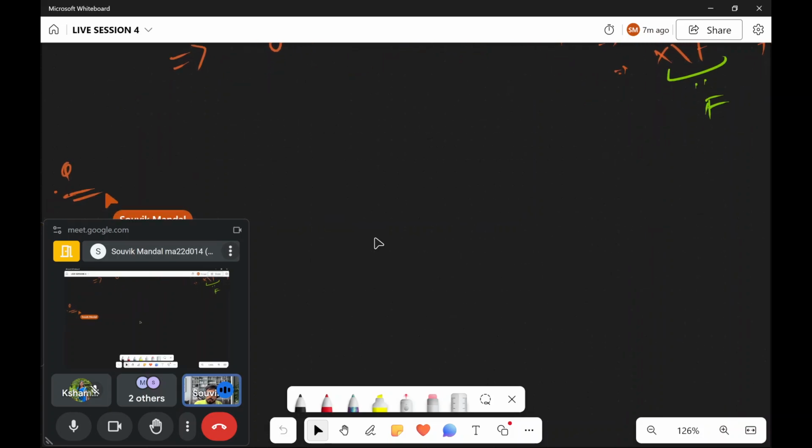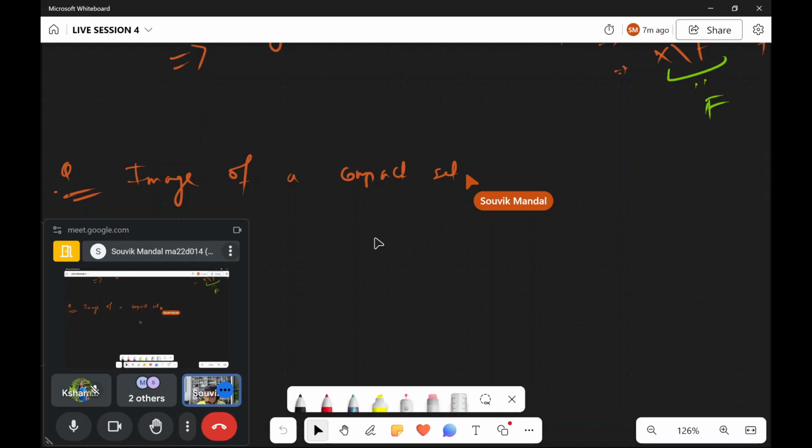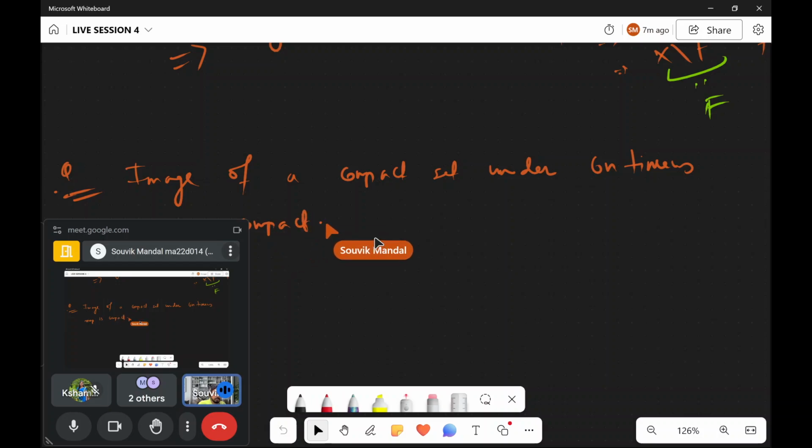So the first fact is that the image of a compact set under a continuous map is compact. So this is the first fact.